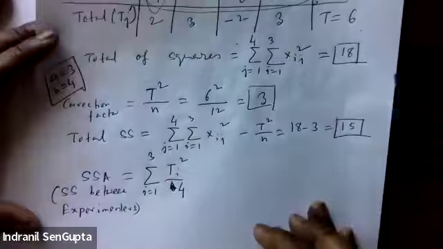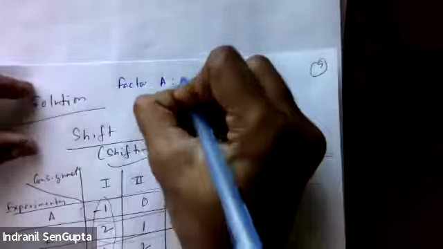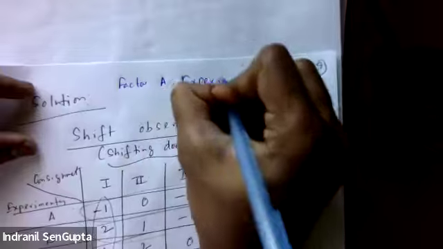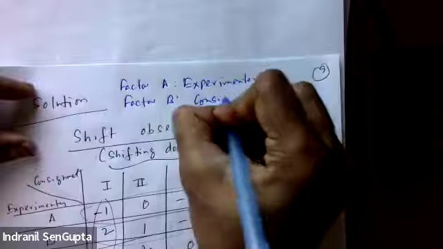So here, my factor A is the experimenter, and factor B is a consignment.